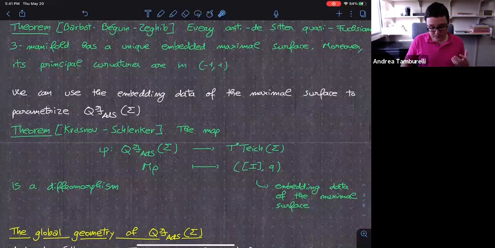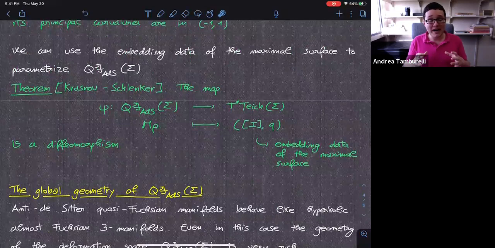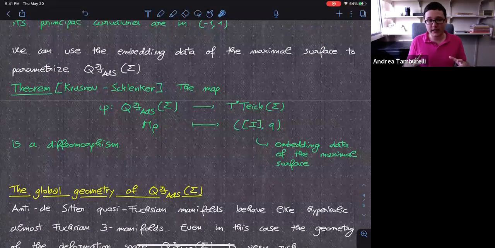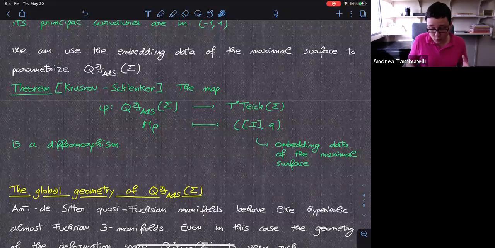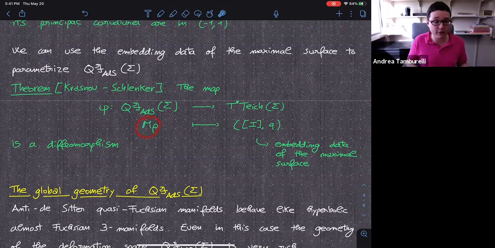And so in this context, we can actually parameterize the whole deformation space of anti-de Sitter quasi-Fuchsian 3-manifolds using the embedding data of the maximal surface. We can consider the map that associates to an anti-de Sitter quasi-Fuchsian 3-manifold the embedding data, in particular the conformal class of the induced metric and the holomorphic quadratic differential determining the second fundamental form of the unique maximal surface embedded in the manifold M rho.